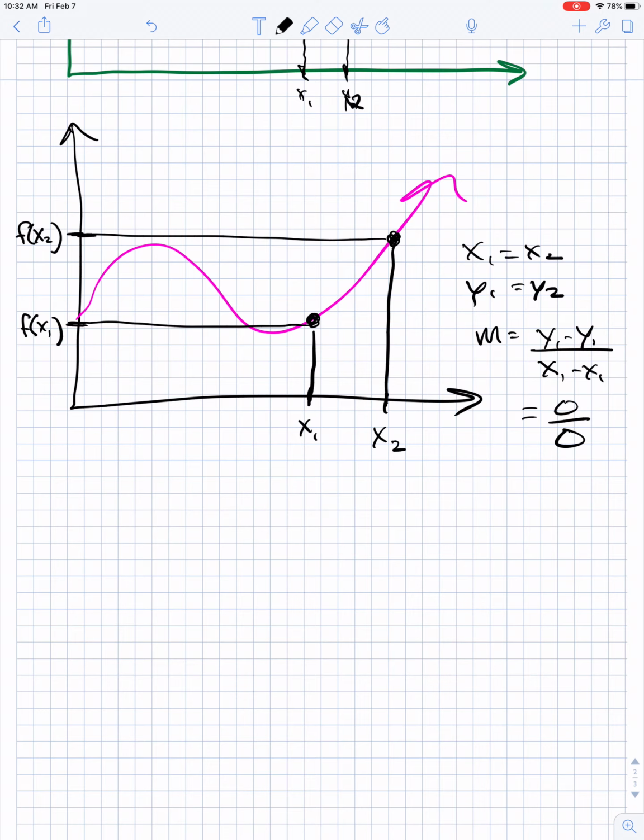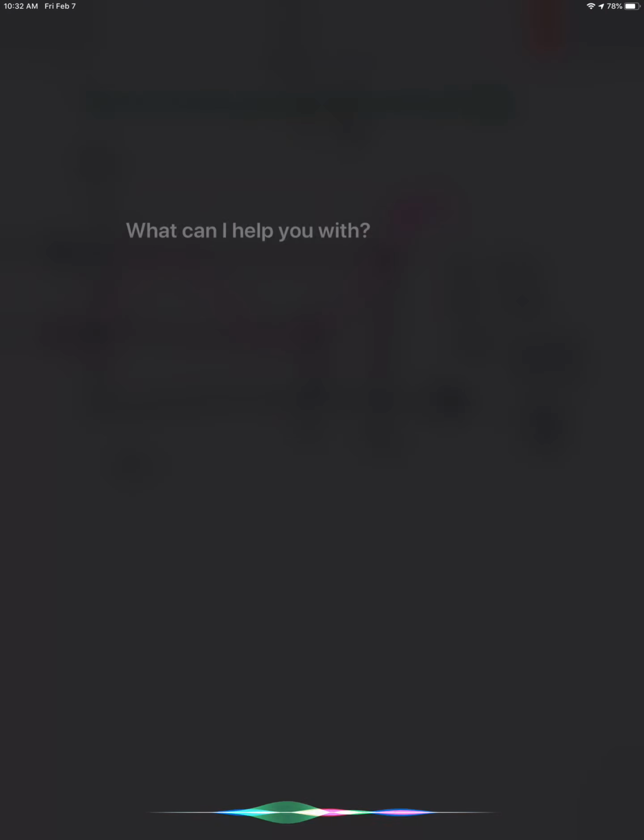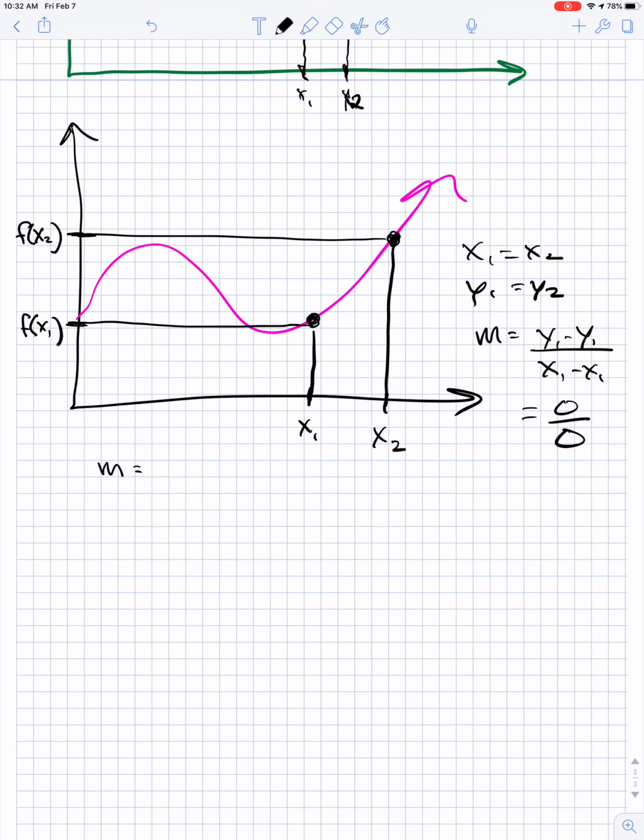Okay, so now if we plug that into our standard slope formula, what do we get? All I did was replace y2 minus y1 with f of x2 minus f of x1.